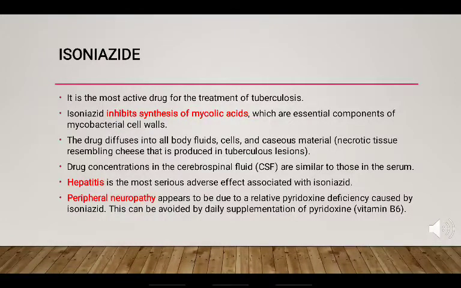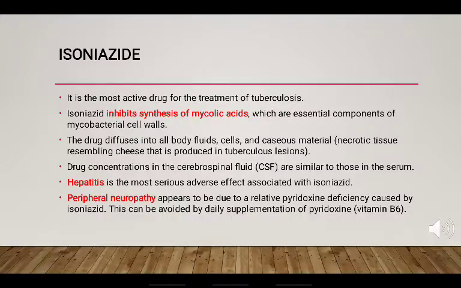The good thing about isoniazide, it diffuses into all body fluids and also in the caseous material as well. So like when you have TB lesion in the skin, for example, or anywhere else in the body, if you open it, you will see that there is necrotic tissues resembling cheese. The good thing about isoniazide, it can access and can diffuse into this caseous material.